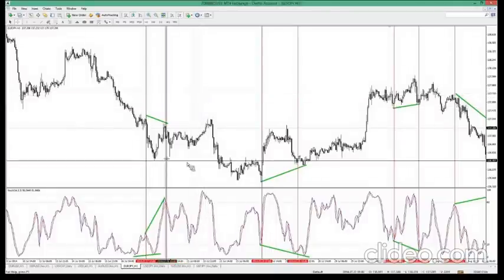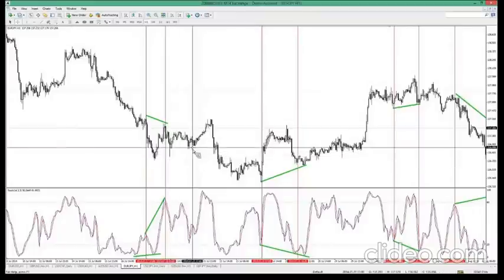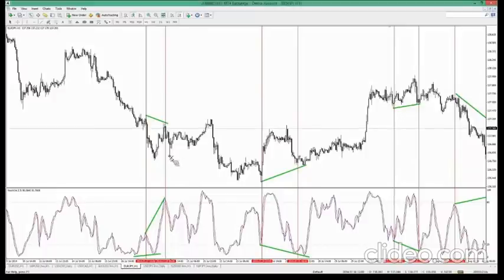Here, even in this little section, this is obviously a bit of chop. It still works okay. We have price forming a higher low, stochastic forming a lower low. Any questions on that, guys?